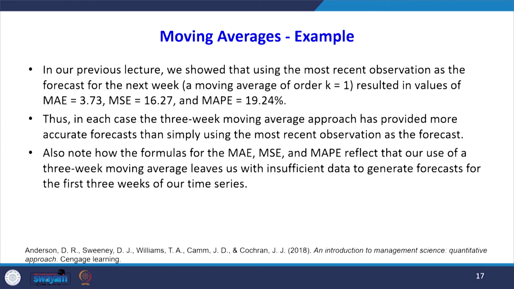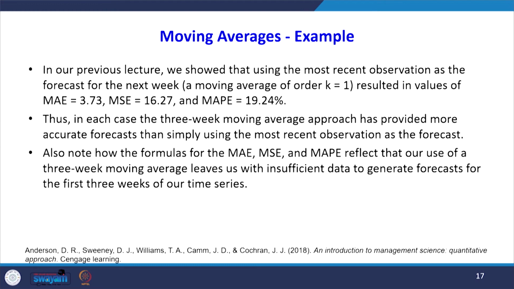Thus, in each case the 3 week moving average approach has provided a more accurate forecast than simply using the most recent observation as the forecast. So when we compare to a naive method where k equal to 1, when you increase k to 3, the accuracy of our forecasting method has increased.